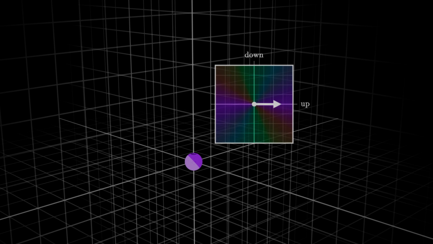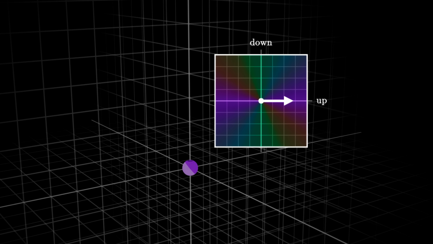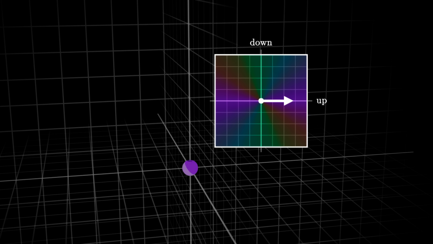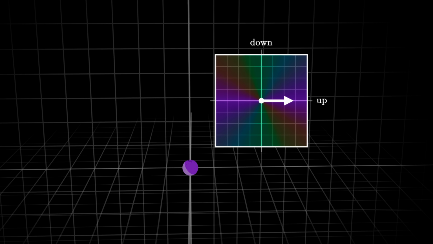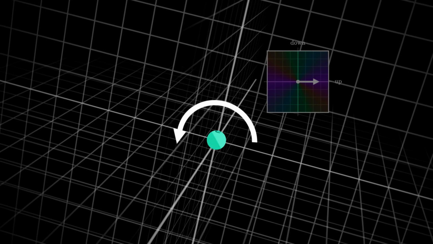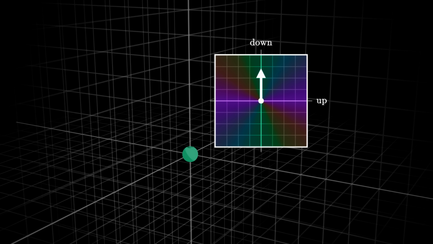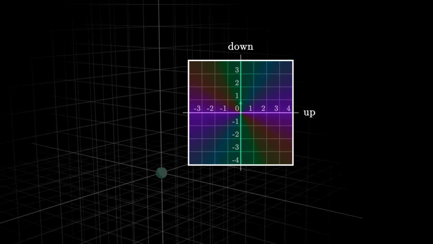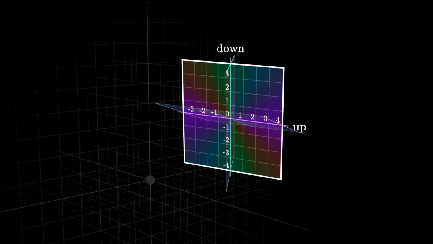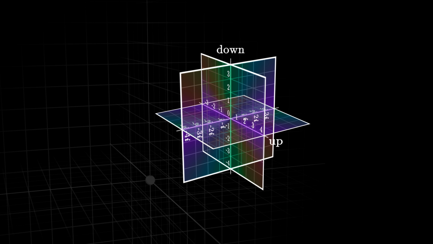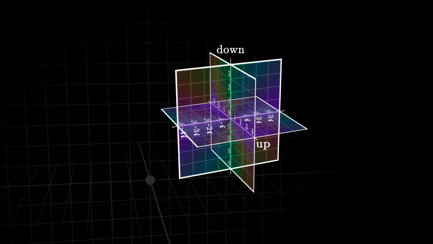The abstract space which describes the spin of an electron, however, only has 2 dimensions, up and down. They are 2 completely different spaces, linked only by the fact that each rotation in one is mapped to a rotation in the other. To be perfectly exact, quantum mechanics does not use real numbers but complex numbers to describe quantum states, which makes this space harder to visualize.